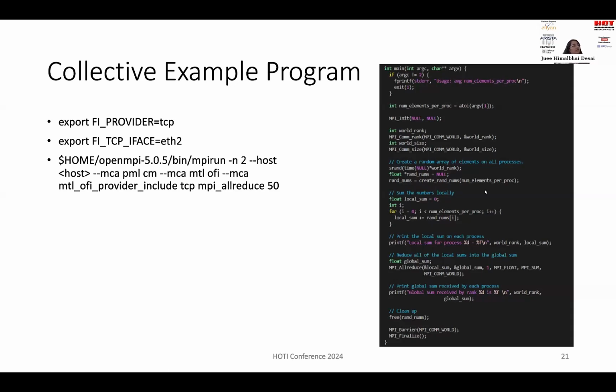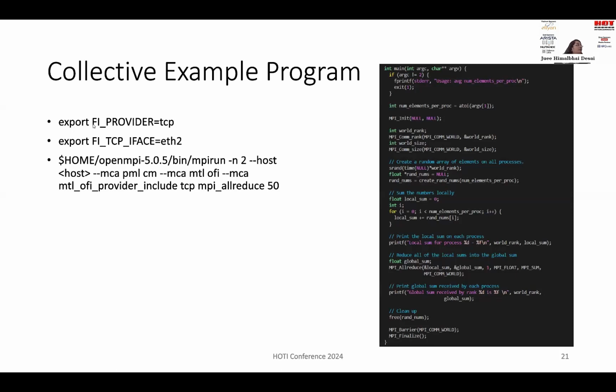First they will create a local sum of all the numbers, so each process will have its own local sum. And then we use MPI all reduce to calculate the global sum, and all the processes will get that global sum using MPI all reduce. So that is the program that we have written here. And then we finalize the MPI environment and we'll run the example.